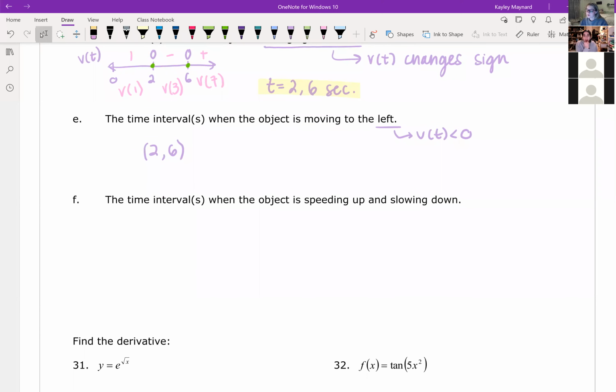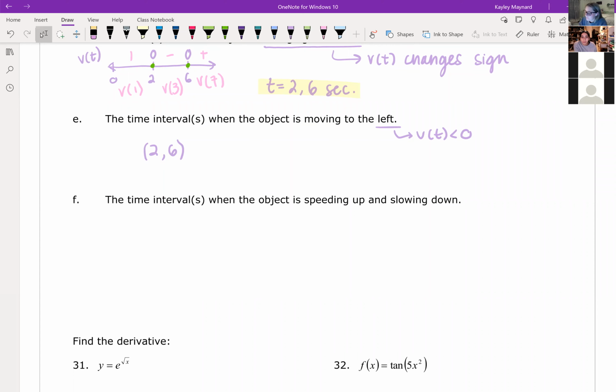All right, last one. So the time intervals when the object is speeding up and slowing down. So this requires that we have a sign chart for v of t and a of t, because if the object is speeding up, it means that the sign of v of t and a of t should be the same. So if it's speeding up, their signs are the same. If it's slowing down, their signs are opposite.